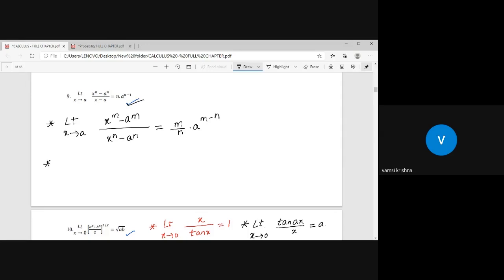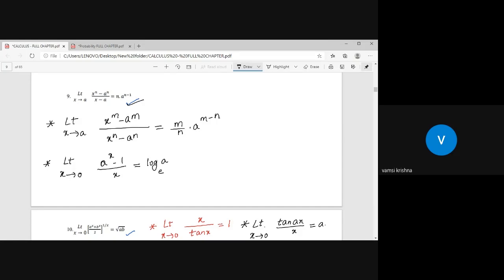And limit x tends to 0. In the above formulas, I had x tends to a. Here I am writing x tends to 0. a power x minus 1 by x is equal to logarithm of a to the base e.